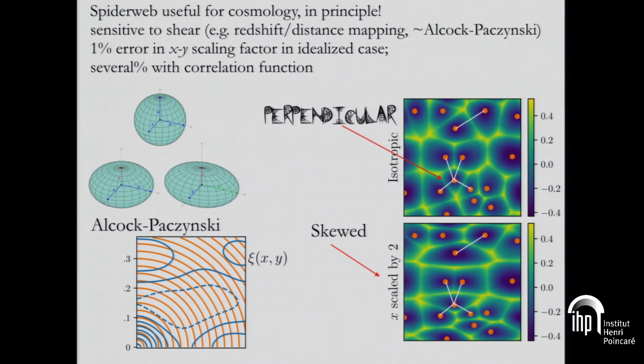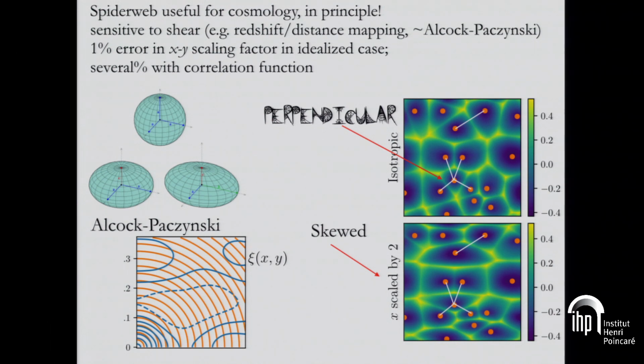And if we had the wrong scaling in a set of large-scale structure observations in a galaxy survey, and we were observing in real space, which is, of course, not what happens, but if we were able to view it in real space, then there would be a shear in one direction, and these things would cease being perpendicular to each other.